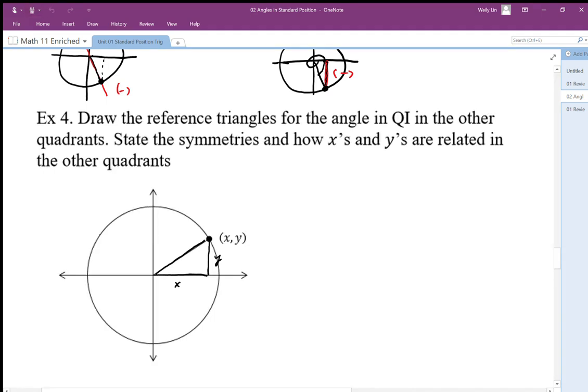So for example, in quadrant 2, I would be folding it across that line, and I will get this positioning right there. And the x and y positioning gives us this different position, but with the same symmetry. We would end up with negative x and positive y.